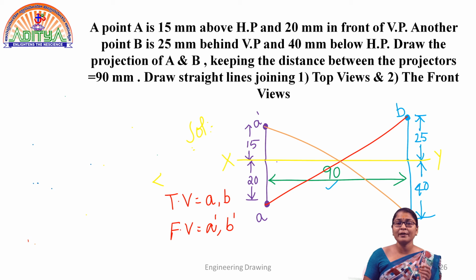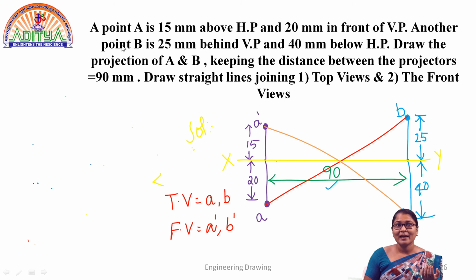As point B is behind VP and below HP, it is located in the third quadrant. If any point is located in the third quadrant, the projections come like this: above the reference line we get the top view and below the reference line we get the front view. So by using that we are going to draw the projections of B.